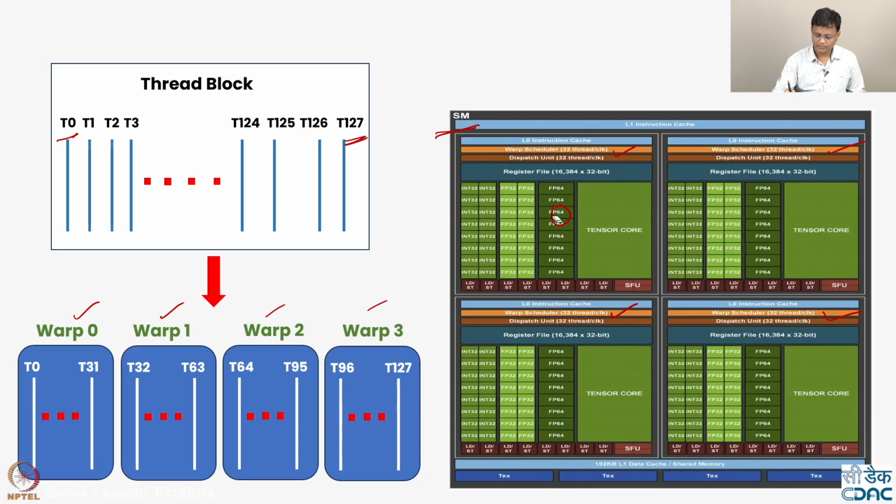This will be mapped on warp 0 on this process block. There will be warp 1, warp 2 and warp 3.